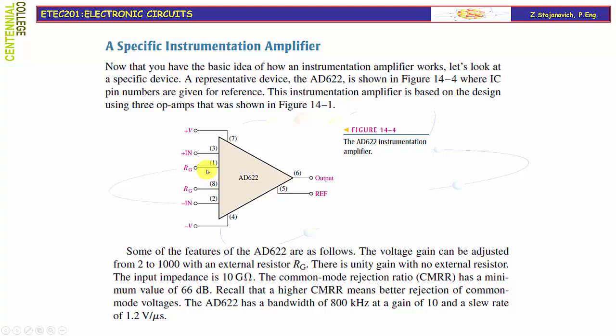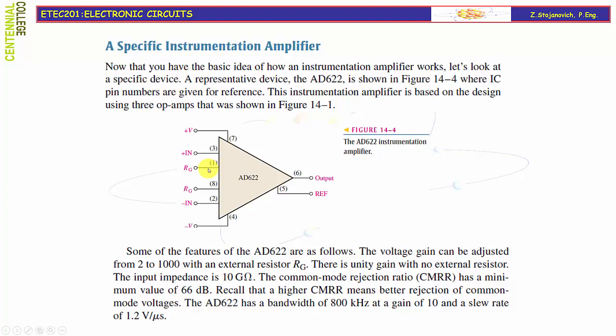Some of the features of the AD622 are as follows. The voltage gain can be adjusted from 2 to 1000 with an external resistor Rg. There is unity gain with no external resistors. If there is no resistor connected between pins 1 and 8, the gain will be 1. The input impedance is, as you can see, very high, 10 gigaohms.